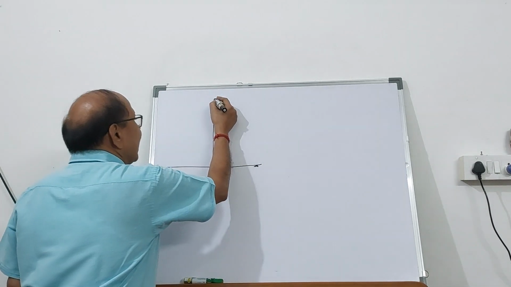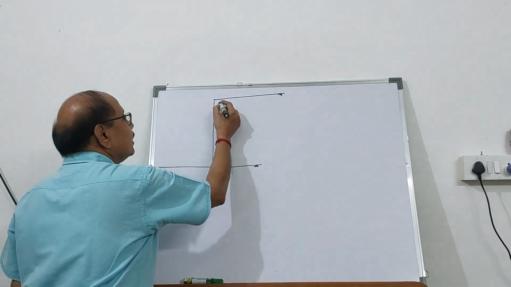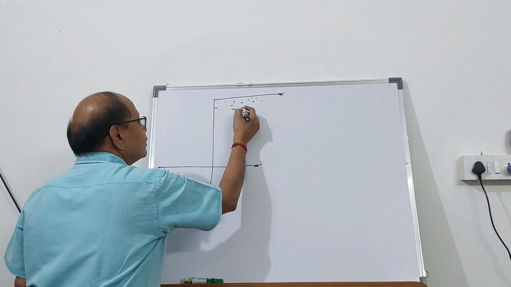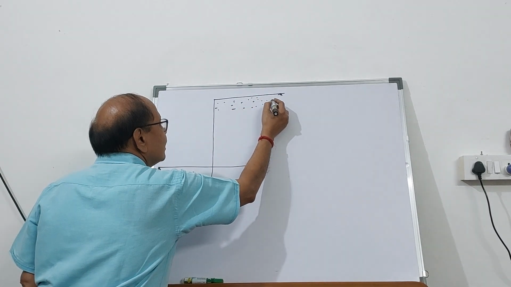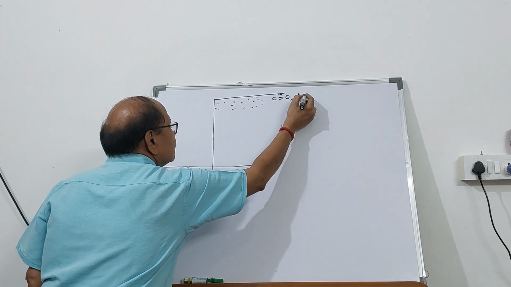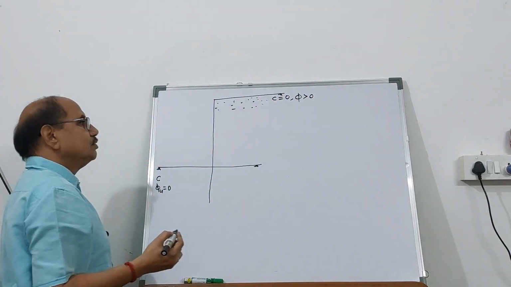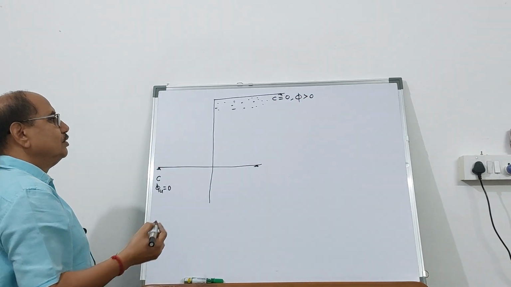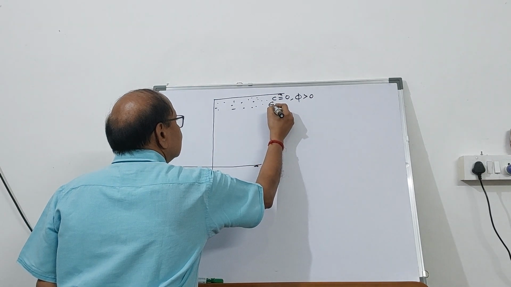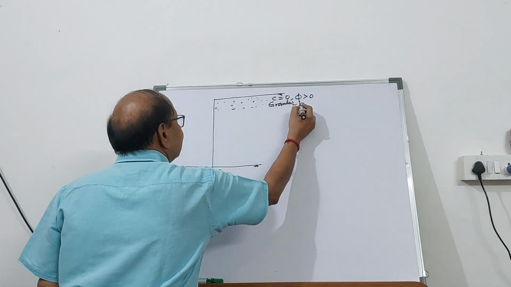And the backfill is going to be granular. So this is having C equal to 0, phi is greater than 0. So this is a granular backfill.